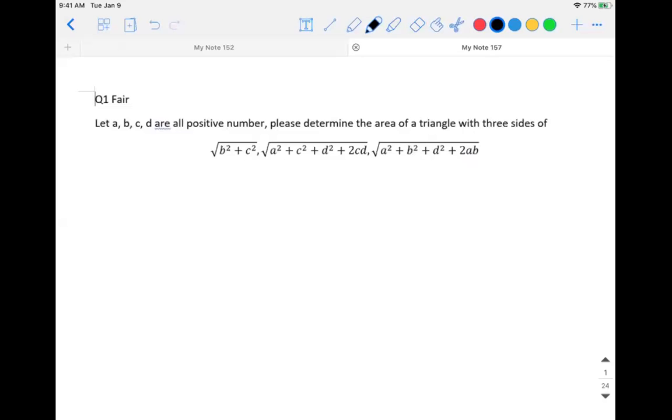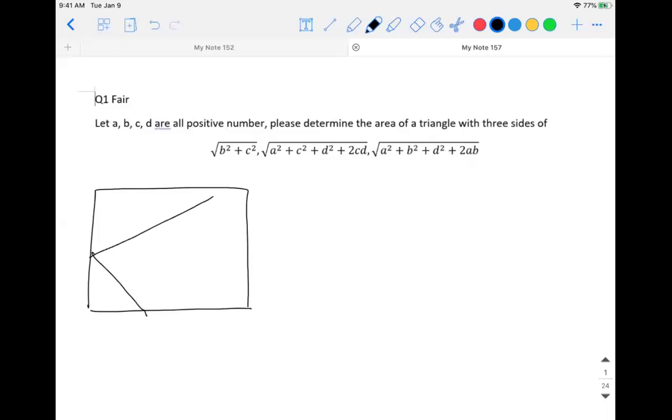For question number 1, pretty much everyone has the correct direction, right? Instead of doing the hard calculation, what you're going to do is a construction. Like we mentioned in the previous lecture, you construct either a rectangle or a triangle, and make sure all your conditions can fit in.